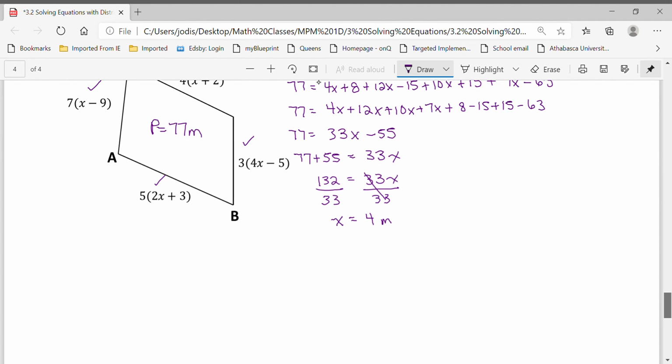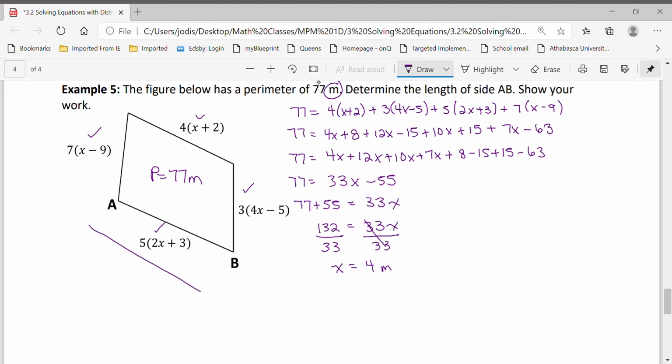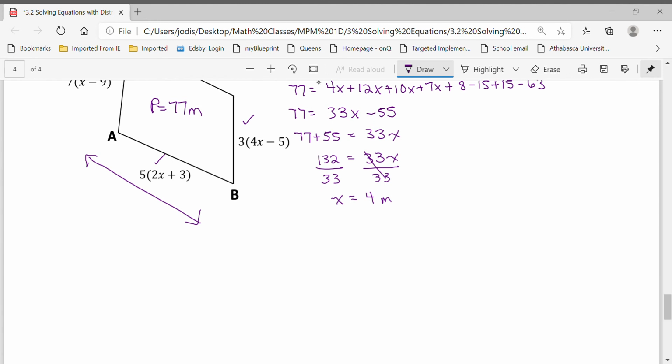But what they actually asked for was the length of this side, right? AB. So AB length equals, and we know it was represented by this expression, so we're going to sub in to that expression.